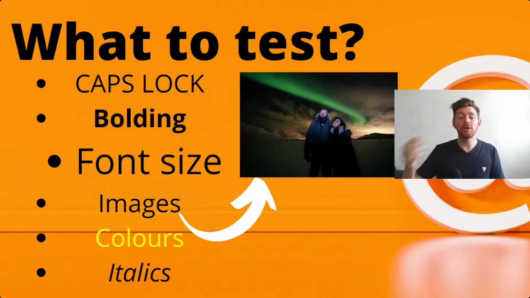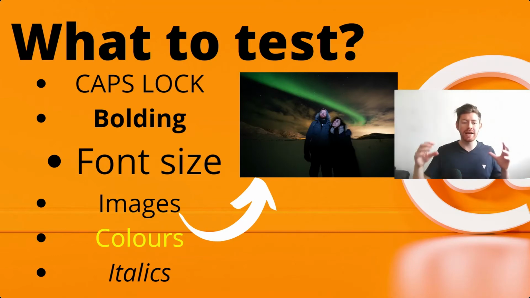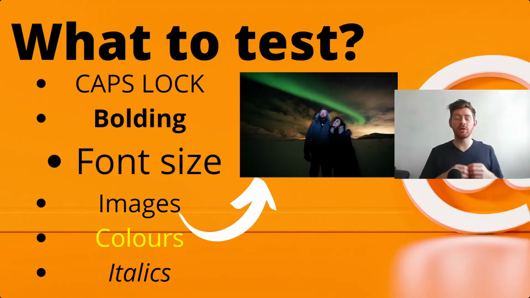So what are we going to split test inside of our emails? You can do different things. You can test out using caps lock inside of your emails when giving calls to action. Or maybe you want to bold the headline of something that's very important. Or you can throw in different font sizes. Maybe you want your call to action to be a little bit bigger, or your link a little bit bigger. You can throw in some images inside of your emails.